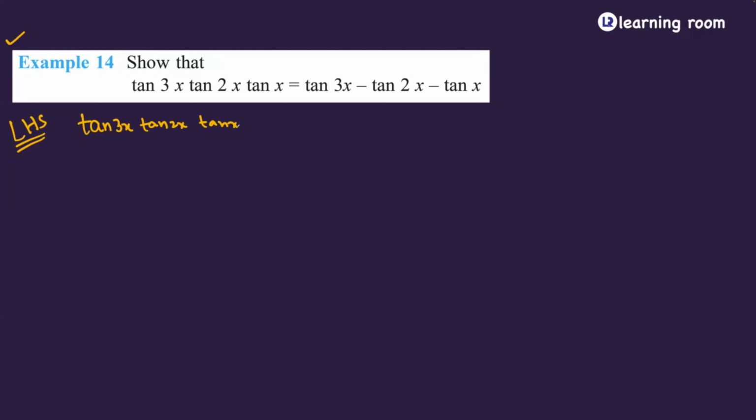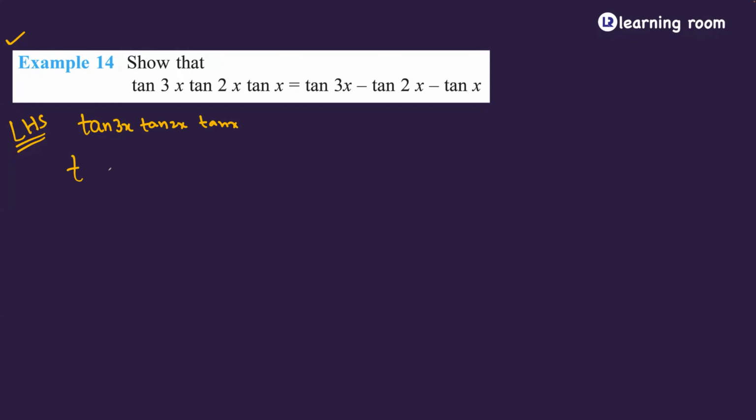It's the same as tan 3x minus tan 2x minus tan x. So how to proceed? What formula do we have?